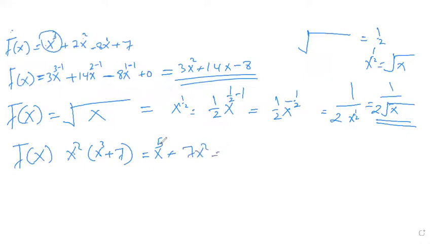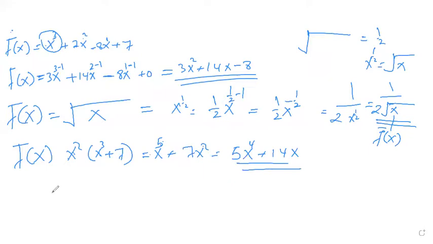This means I'm going to differentiate now. 5 I'm going to bring here will be 5x power 4 plus 2 times 7 will be 14x. Here I'm going to subtract 1. Okay, let me not forget this one.